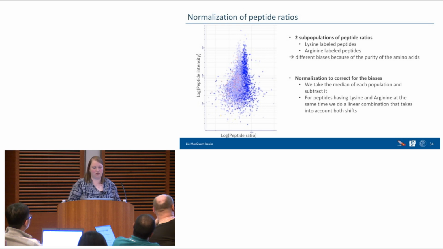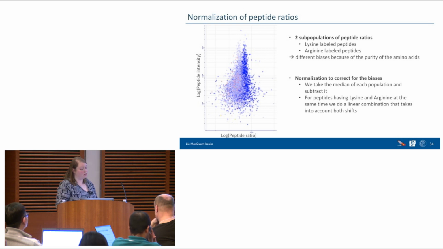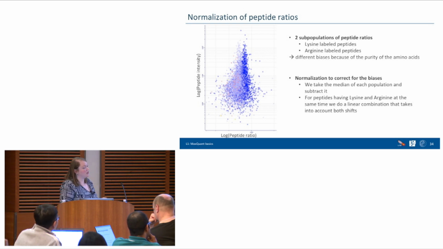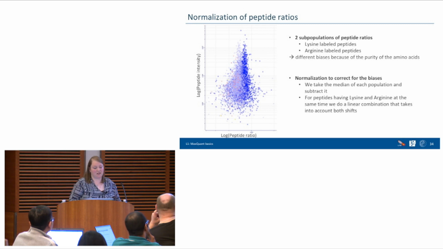Then you also need to normalize for the peptide ratios. What we can see in this plot is that you have two subpopulations, with lysine labeled peptides and arginine labeled peptides. The light one are the lysine ones, and the arginine, and you can see that especially at higher intensity ratios you have different means in these two subpopulations, and you don't want that.